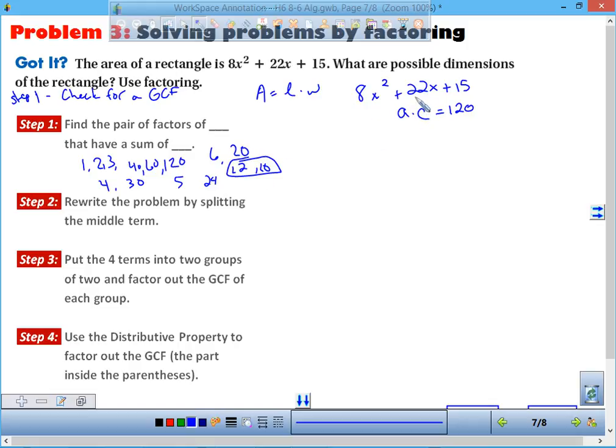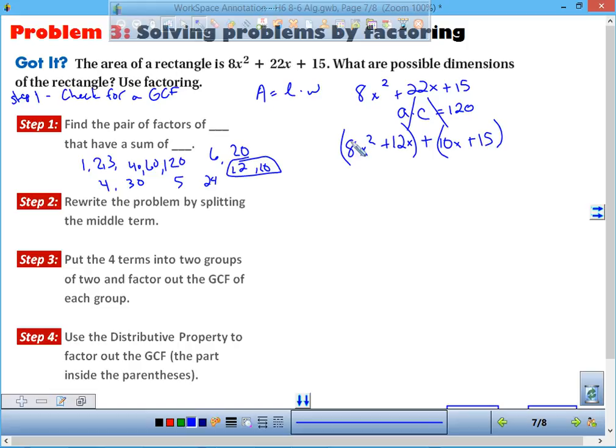Now I break that 22x into the 12x and 10x, and I fill in the rest, the 8x squared and the plus 15. Now I factor by grouping, so I have this group and this group that I need to find GCFs of.